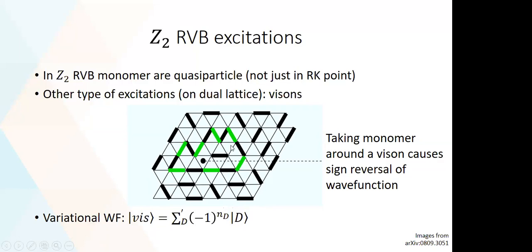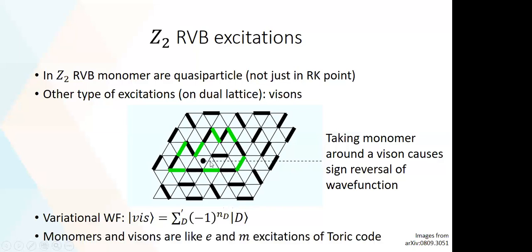Right. So it's the relative phase of two dimers that are shifted with respect to each other to give you your loop, and you weight the loop with a minus sign instead of just pluses, which was the original RVB state. Oh yeah, that's another way to view it. Yes. Okay, so this is a local operator that probes if you have a vison at some site.